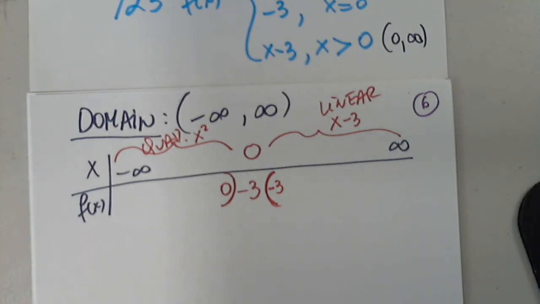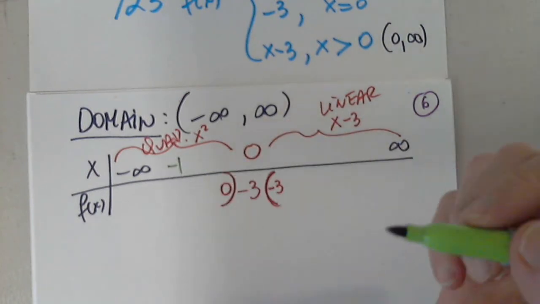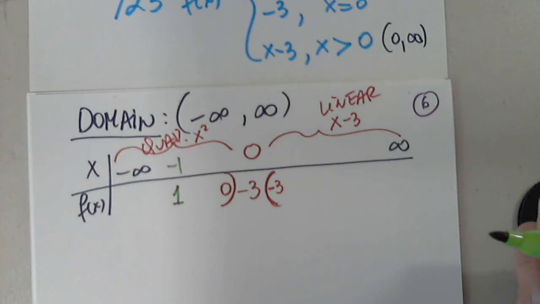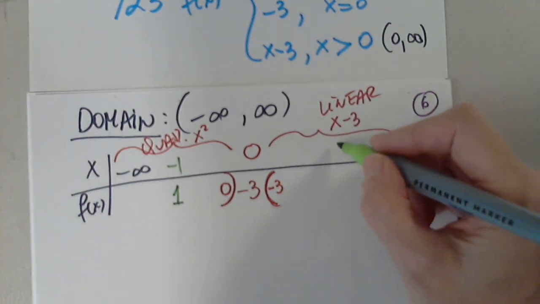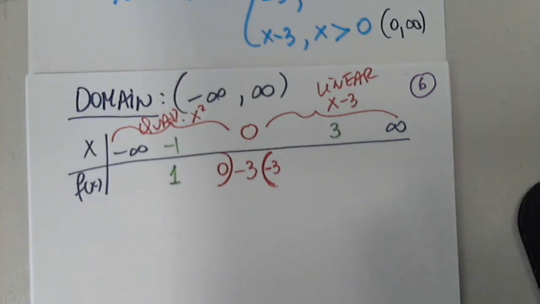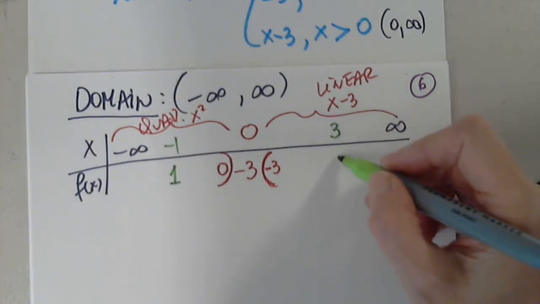On the left-hand side, I will find at least one other value, let's say -1. I plug in -1 and I get 1. On the other side, I'm going to plug in 3 because, as one of you just said, x and y intercepts, of course. 3 minus 3 is 0.